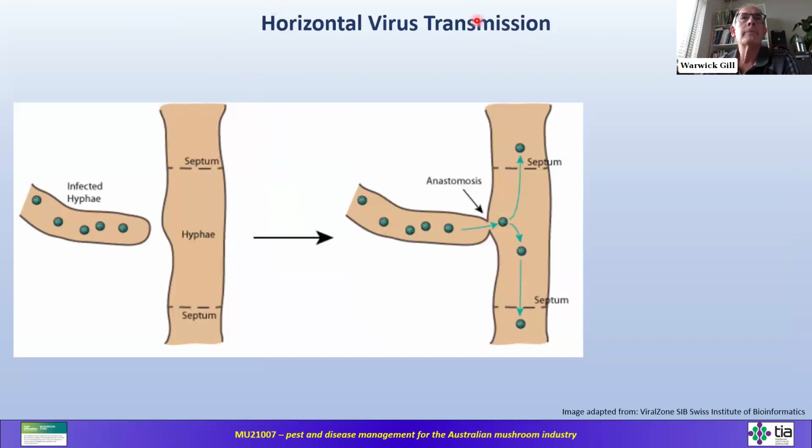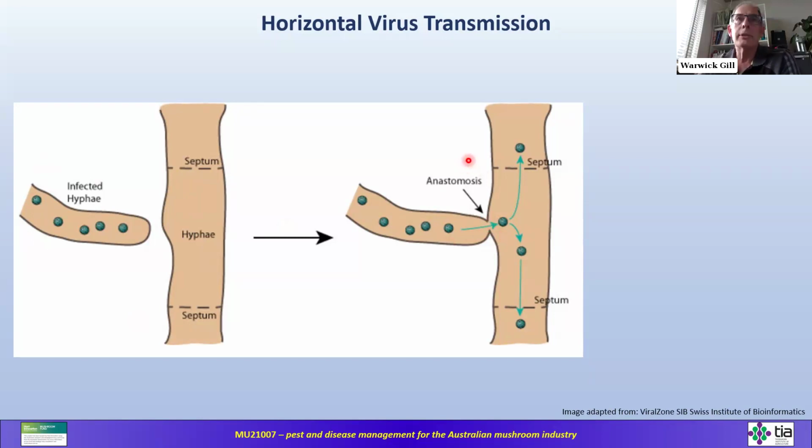There are two methods of transmission. Horizontal virus transmission means that the virus transmits within the crop, within the bed of the same generation. So an infected hypha will approach a clean hypha of the same strain. They will make contact, the cell wall will dissolve, and they will form an anastomosis.